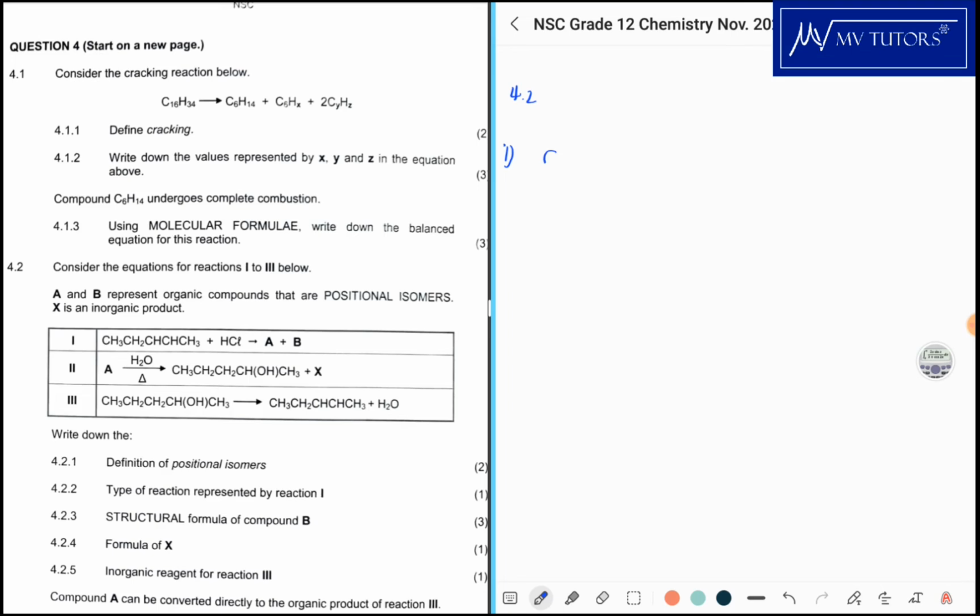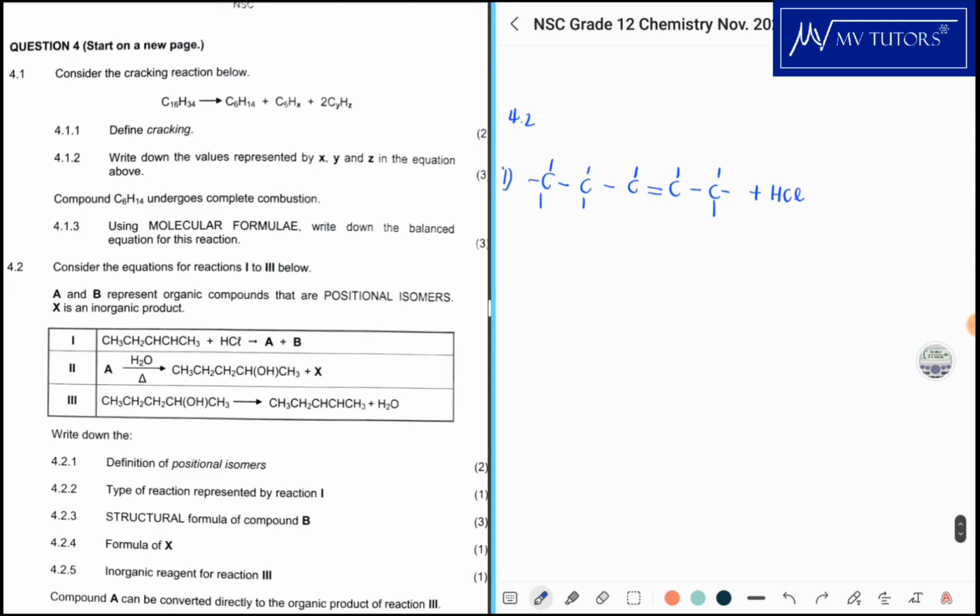I'm going to draw the structural formula. So it's CH3, CH2, and then we have CH. Then we have another CH, so that's a double bond. And then CH3. Alrighty, and then we're adding hydrochloric acid, or just say hydrogen chloride.